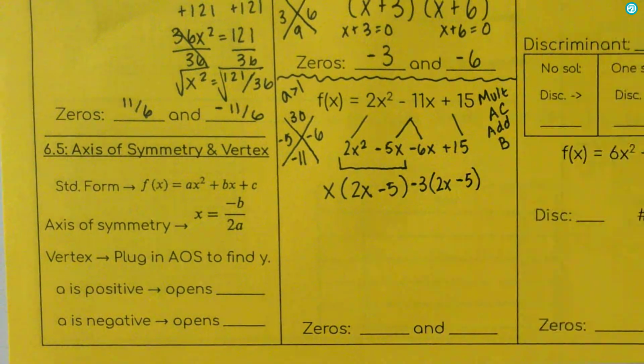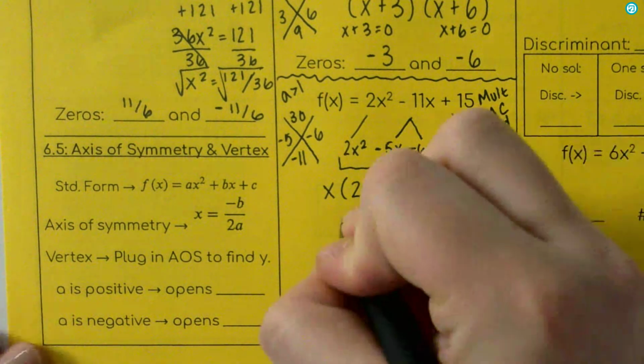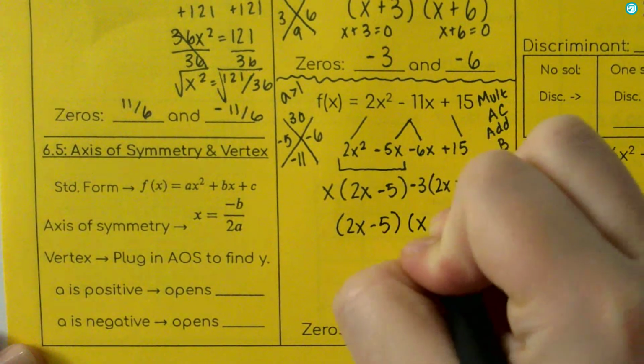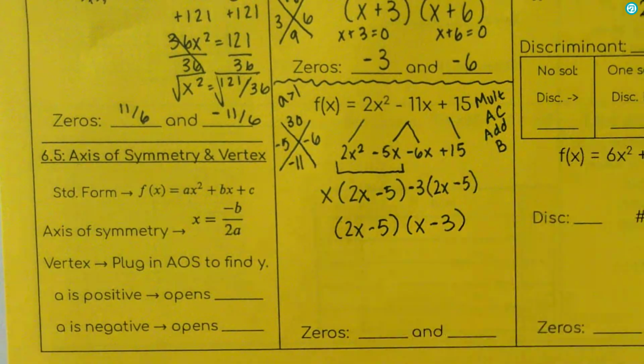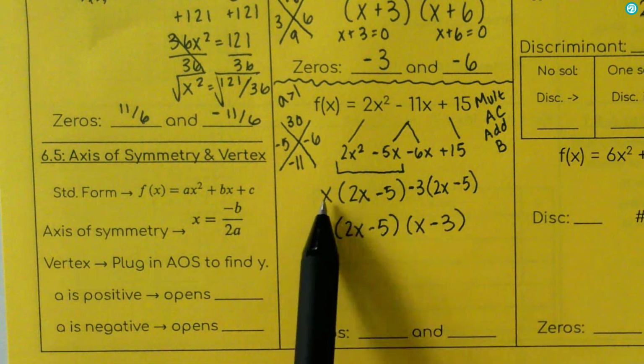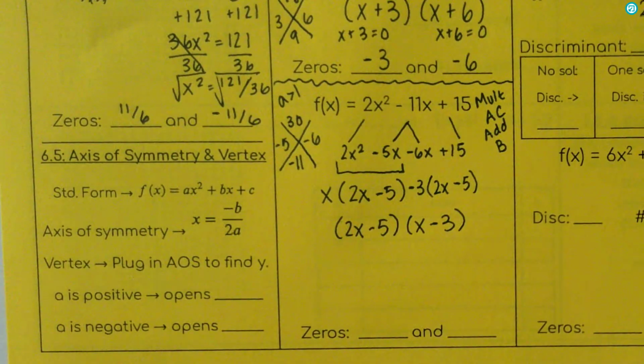So then what I have left behind matches. Okay, we are going to write our factored form. So our factored form is going to be 2x minus 5 and x minus 3. So 2x minus 5 was our factor that matches, and then the x and the minus 3 come from here and here.